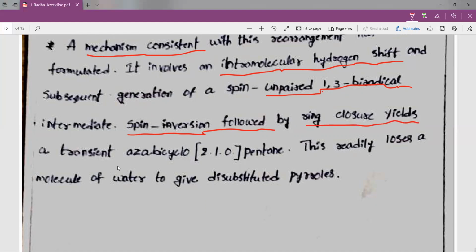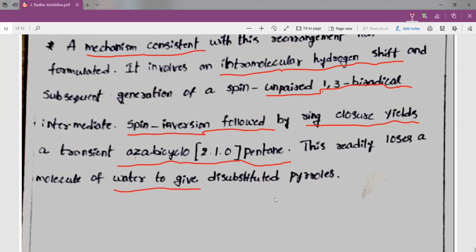Then spin inversion followed by ring closure yields an intermediate, azabicyclo 2,1,0 pentane, which is a transient intermediate. This readily loses a molecule of water to give disubstituted pyrroles.